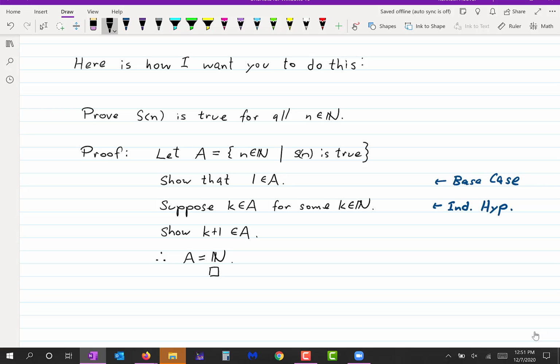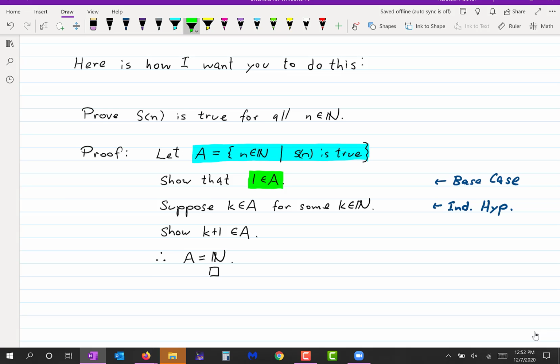If you use this language of set theory, meaning take the set of natural numbers for which the statement is true, and write that as a set with set builder notation, then to say that the statement is true for a number just requires you to show that that number is in the set A. Okay?